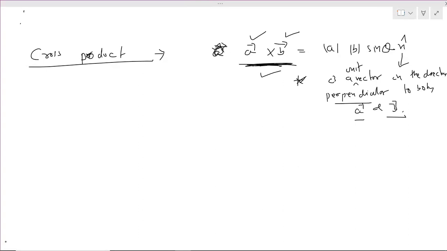Two properties of this: A cross B is equal to negative times B cross A. Direction is opposite. Magnitude remains same.